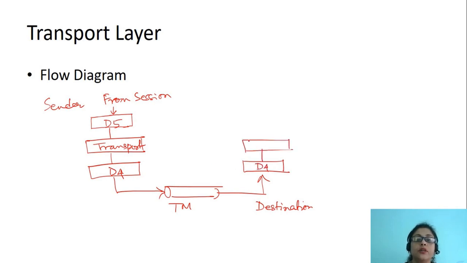It goes to the transport layer, performs all the functionalities, and then it can send the D5 data to the session layer of the receiving computer. So this is the flow diagram of transport layer.